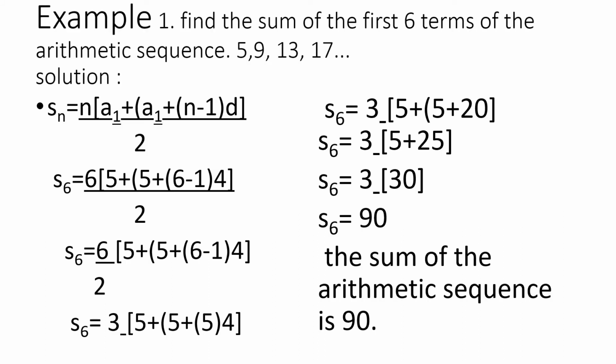Okay, say for example, find the sum of the first 6 terms of the arithmetic sequence 5, 9, 13, and 17. For the solution, since we are going to find the sum of the first 6 terms of the arithmetic sequence, we will use the formula for the sum of an arithmetic sequence. So the formula is S sub n is equal to n bracket 2a sub 1 plus open parenthesis n minus 1 close parenthesis times d, over 2.